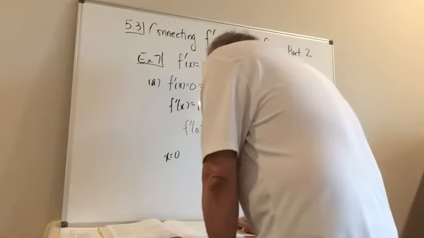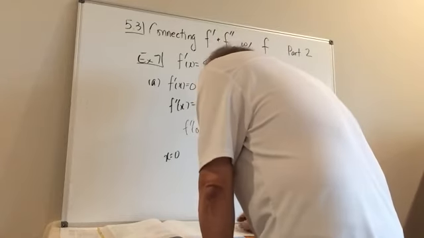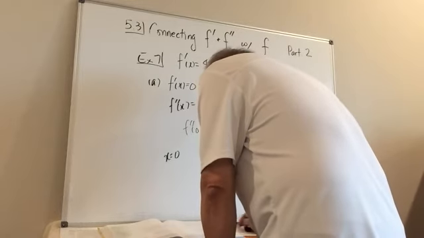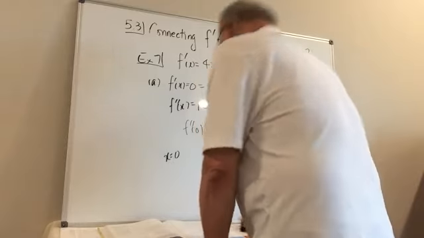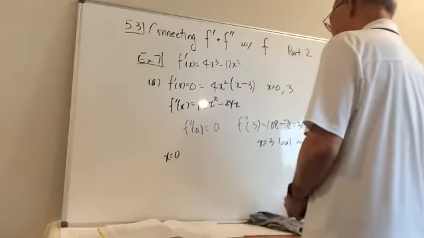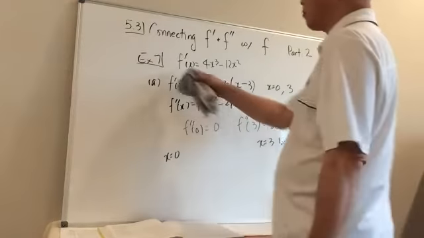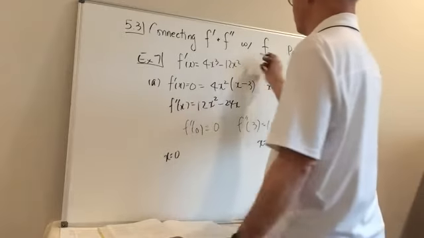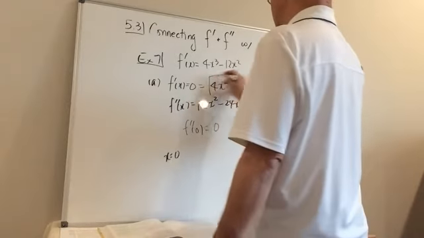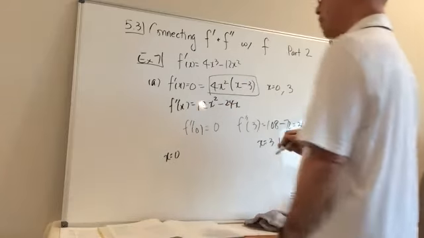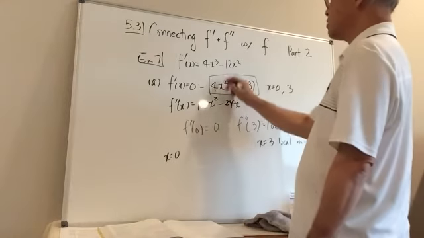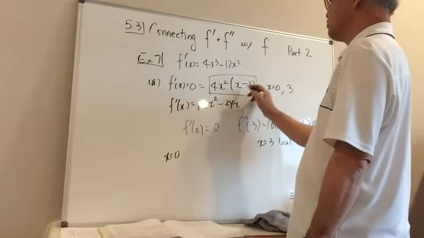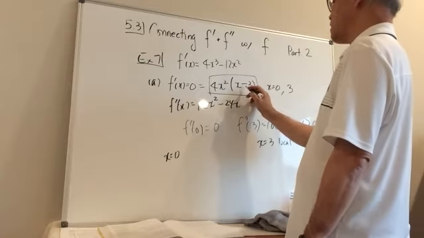So go with that. B, find the intervals on which f is increasing and the intervals on which f is decreasing. To find where f is increasing or decreasing, I have to look at f prime. This factor is always going to be positive, so f prime is positive when x minus 3 is positive and negative when it is negative.